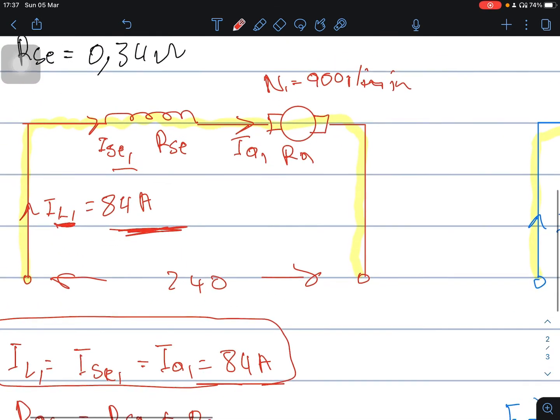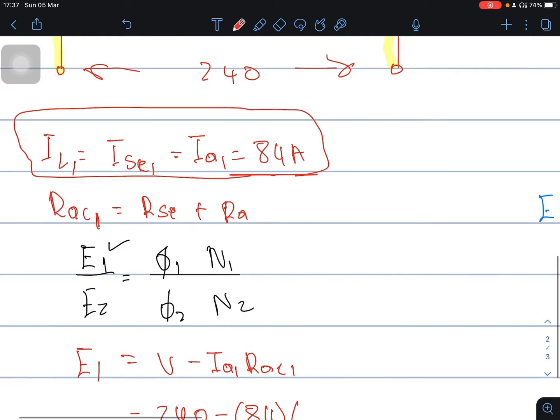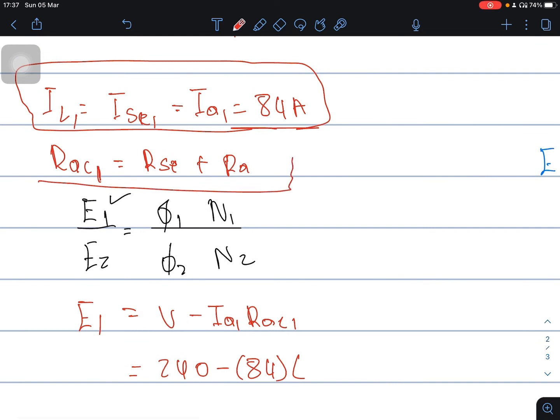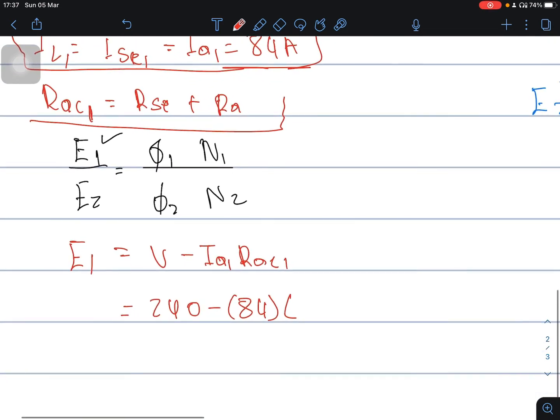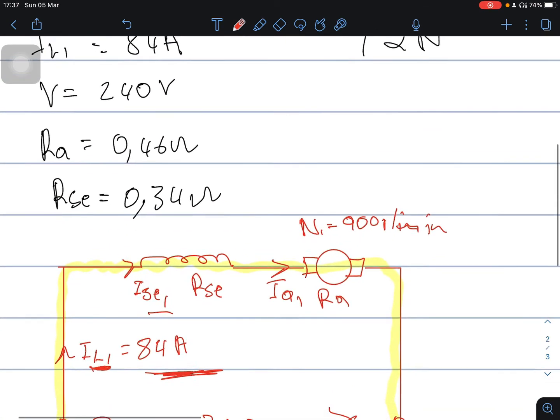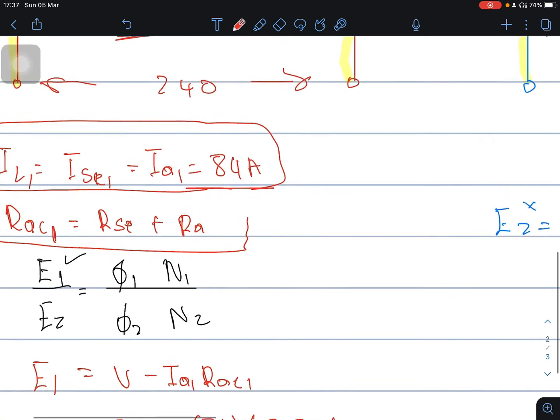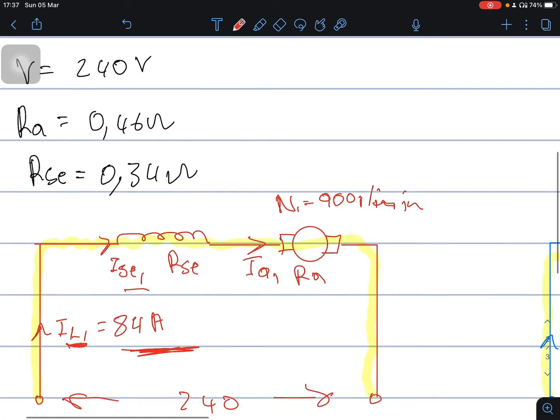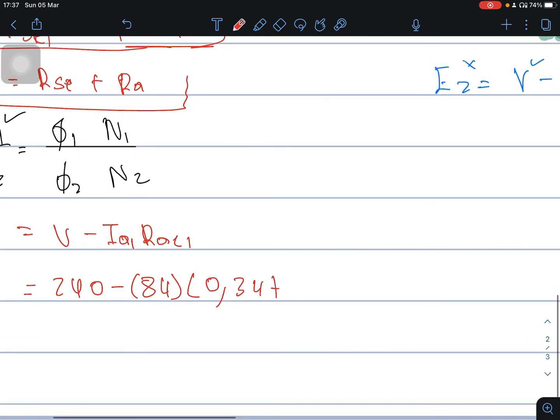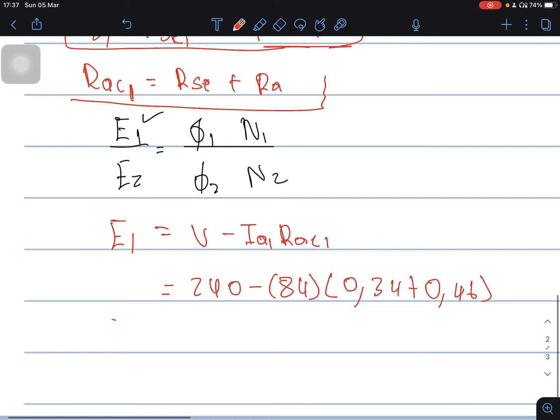Then RAC1 is R series plus R armature, where R series is 0.434 and R armature is 0.46. Then we get E1.